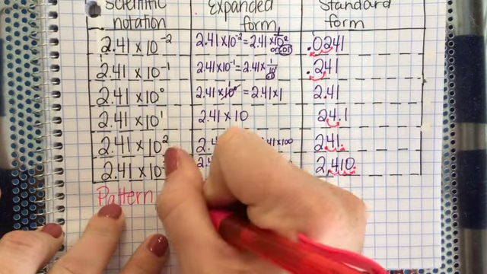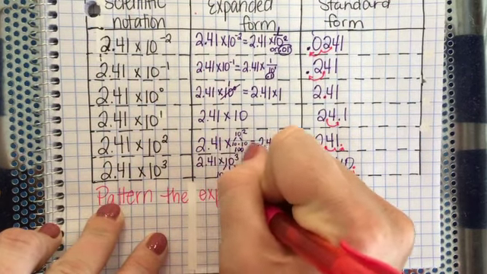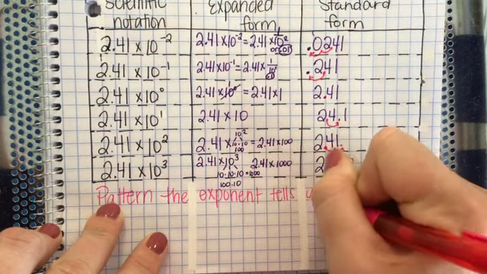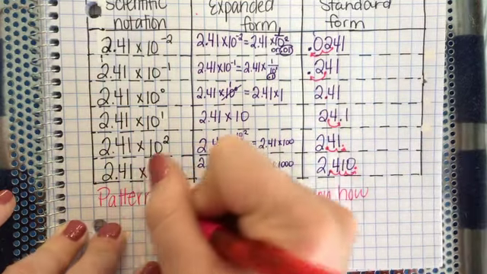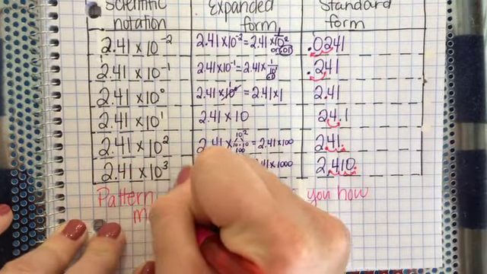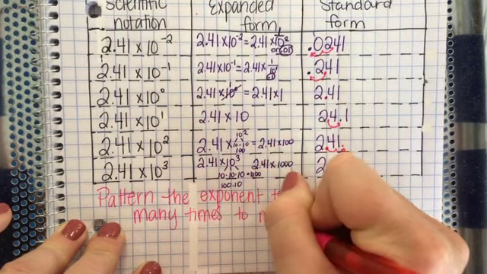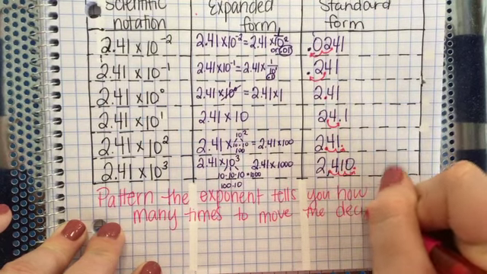So the pattern: the exponent tells you how many times to move the decimal.